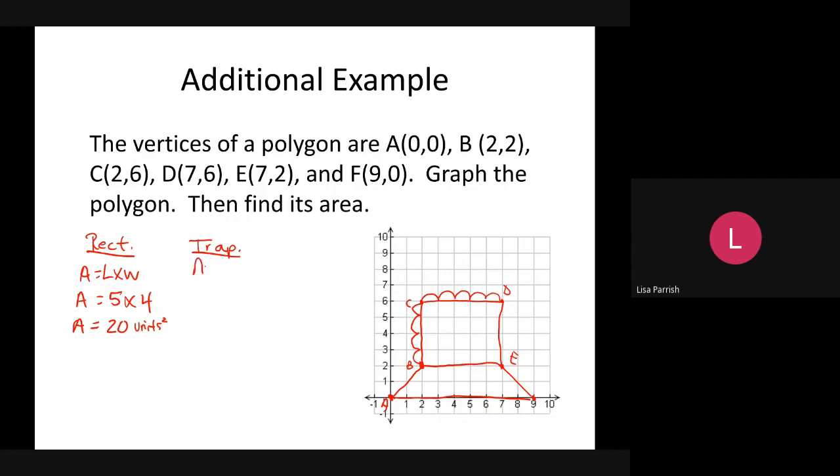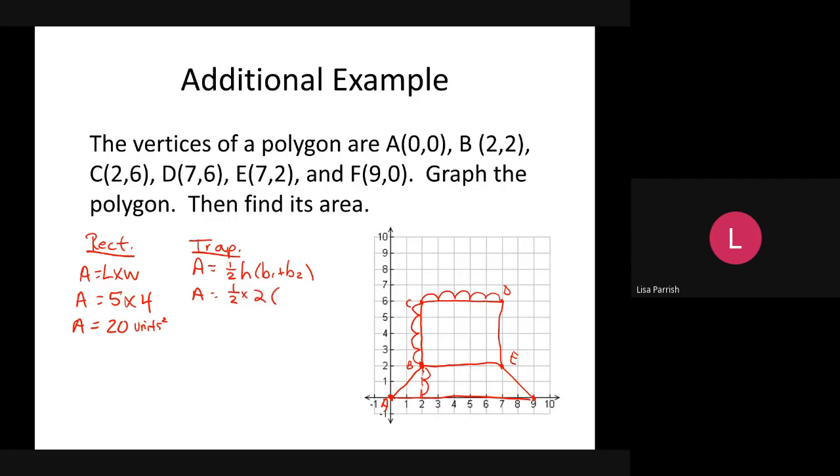So now remember the trapezoid's that long formula. 1/2 times the height times the sum of base 1 and base 2. Okay. 1/2 times, now on my trapezoid, my height is going to be this little line right here. So it's going to be 1, 2.